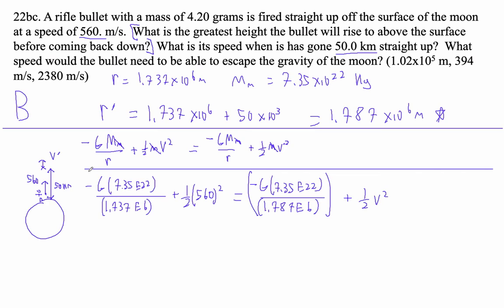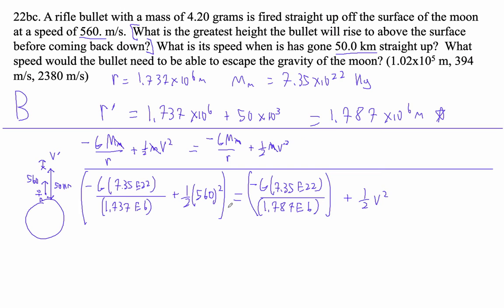Okay, so let's find this whole side here. I stored the number 6.67 times 10 to the minus 11th in the letter G on my calculator. That's how clever I am. Opposite of G times 7.35 E22, and then r is 1.737 E6, plus 0.5 times 560 squared.